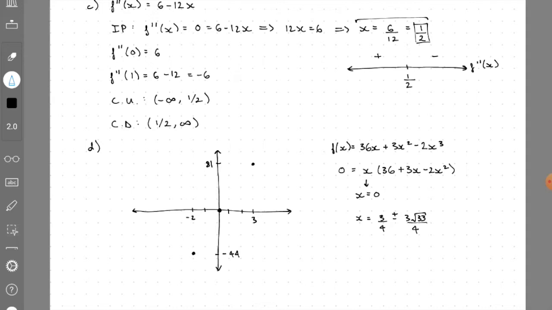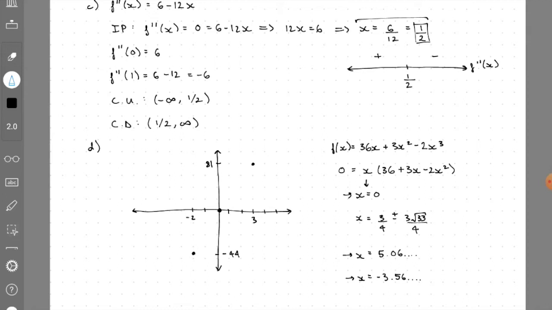So let's actually calculate them in actual numbers. It's going to be 5.06 more or less. And for the negative, it's going to be about negative 3.56 more or less. Okay, so we have x equals 0, x equals about 5, and x equals about negative 3.5.